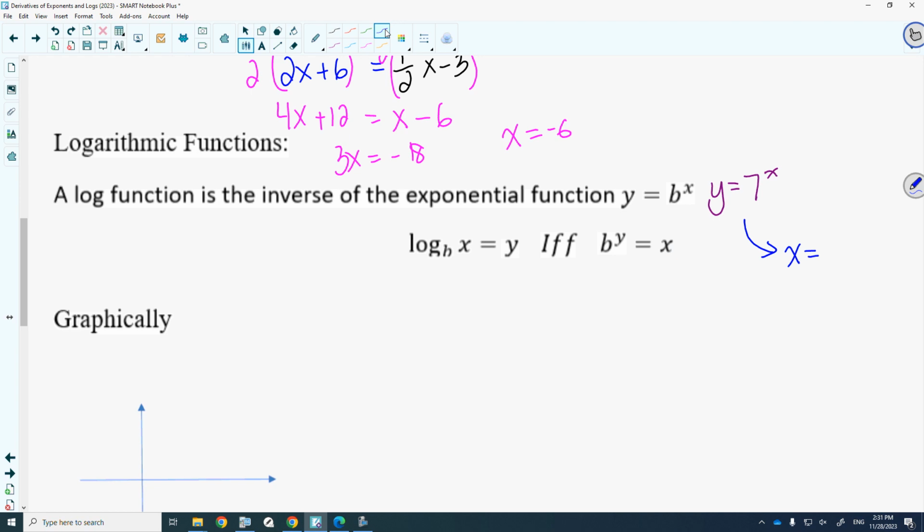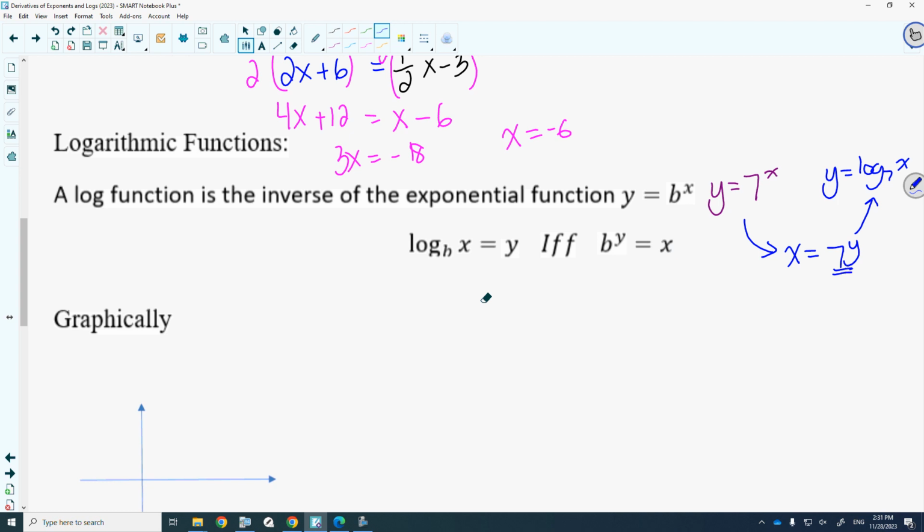So x is equal to 7 to the y. That's the inverse. And then you want to always solve for y, but y is an exponent. So to get y out of being an exponent, we write it as a log. And as a log, it would be y is equal to log, same base of 7, of x.